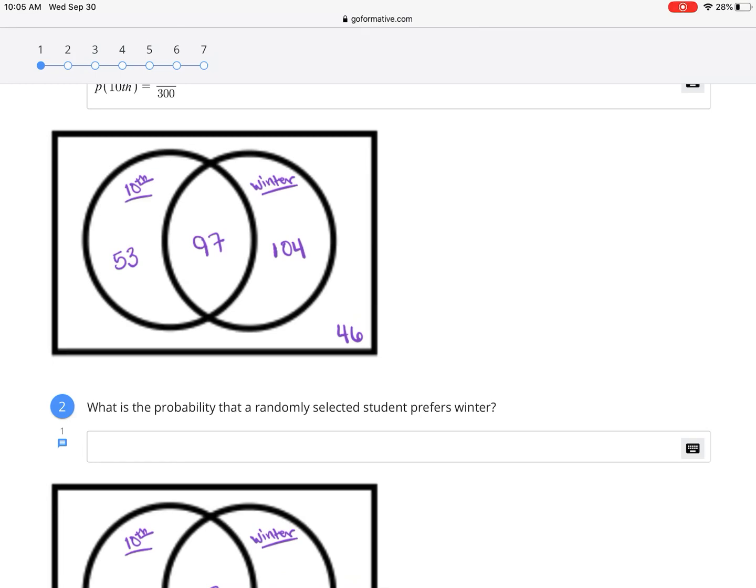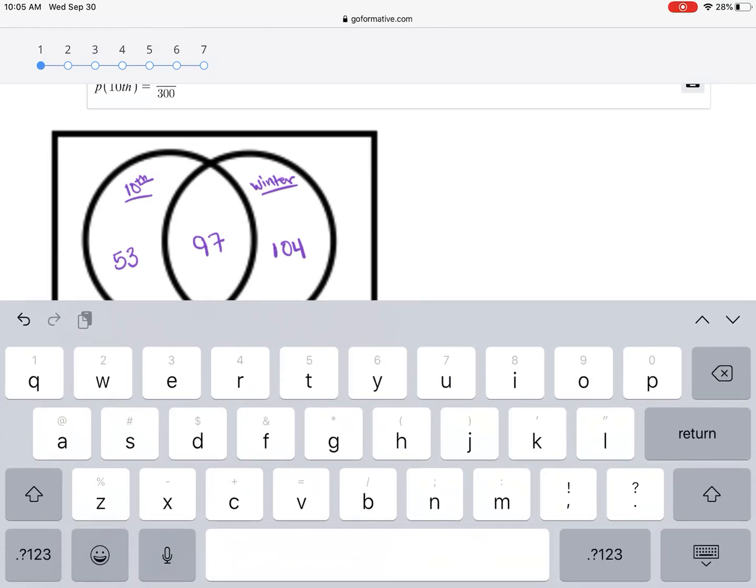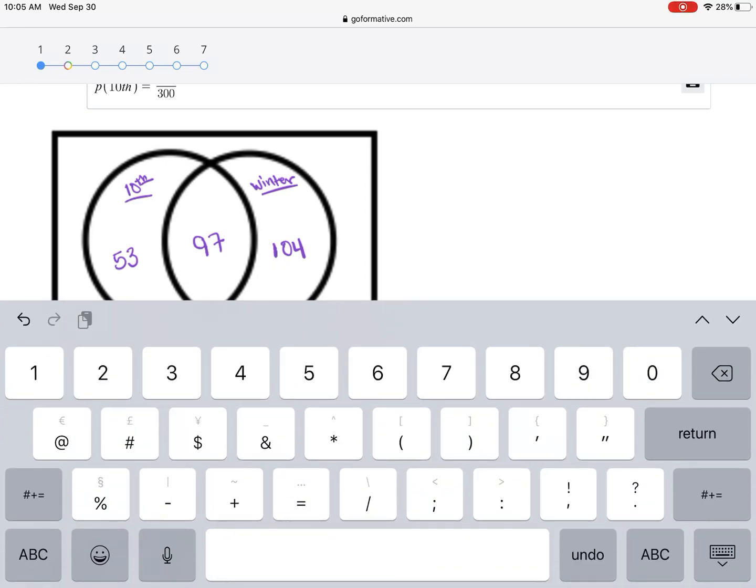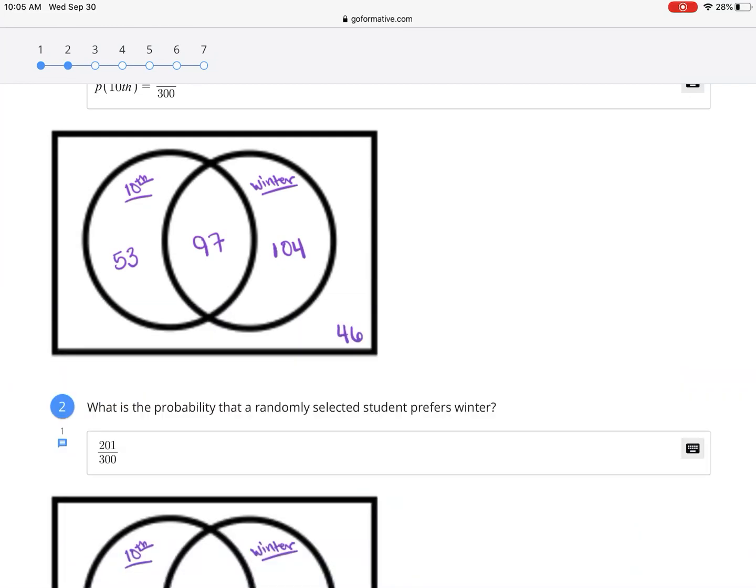That is going to be 201. That is going to be 201 out of what? Well, do you remember what the total was? It was 300. So 201 out of 300 without notation. The rest of them, we just need fractions, okay?